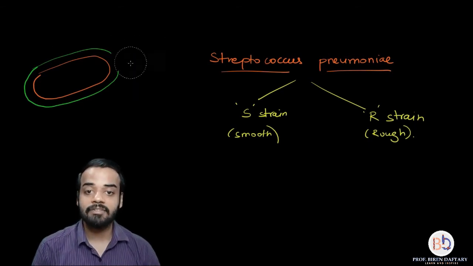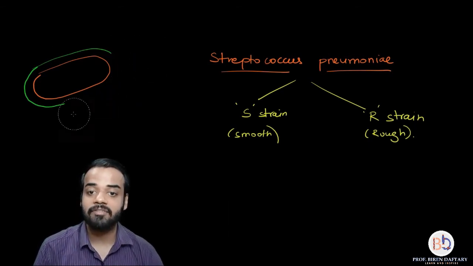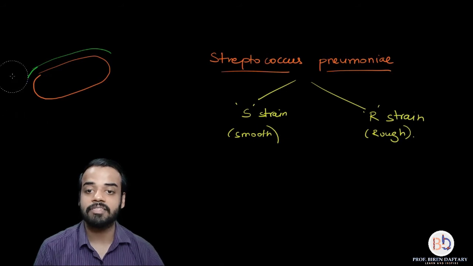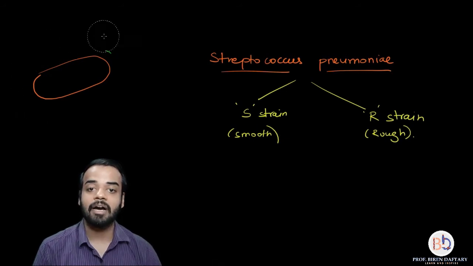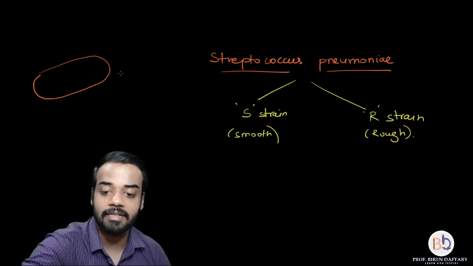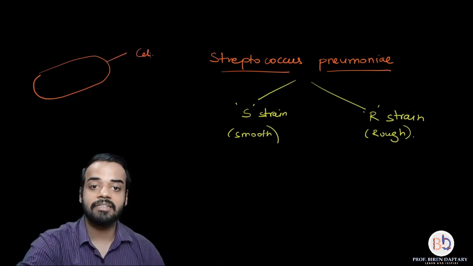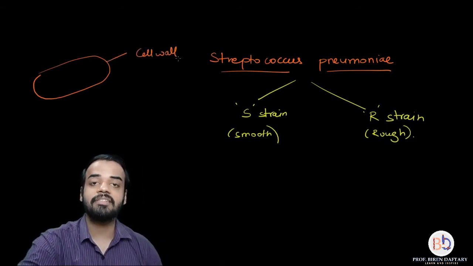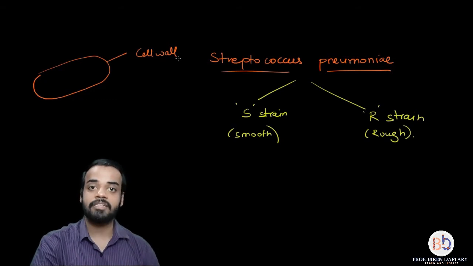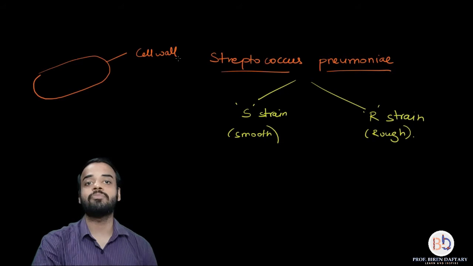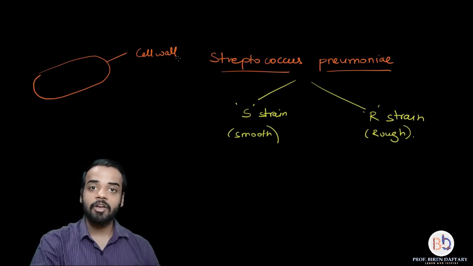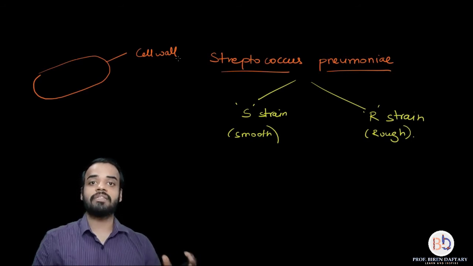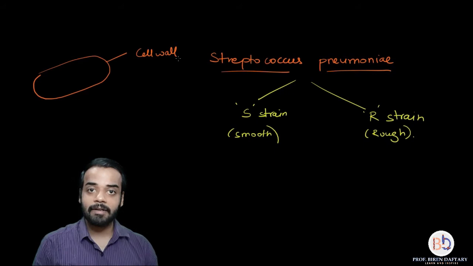So in case I want to draw the R strain, I will rub off the capsule, as you can see over here, and the outermost covering in case of the R strain is the cell wall. So since the capsule is missing or it is not produced by the bacterium, obviously the bacterium is going to be non-pathogenic or non-virulent. That means it cannot cause the disease. I hope you are getting this. So that is the difference. So there are two main differences.